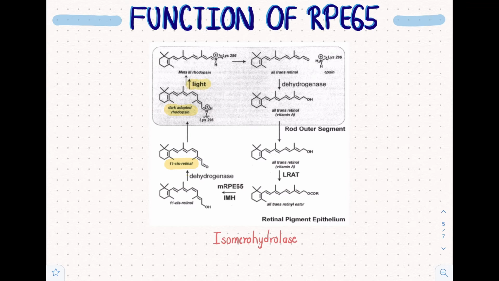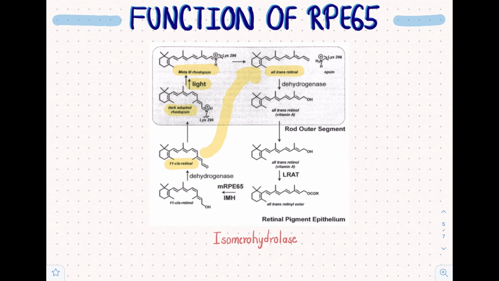When light hits the retina, this rhodopsin gets activated to a new compound and releases that 11-cis retinol to form its isomer all-trans retinol. And if you noticed, this 11-cis retinol is an isoprenoid.